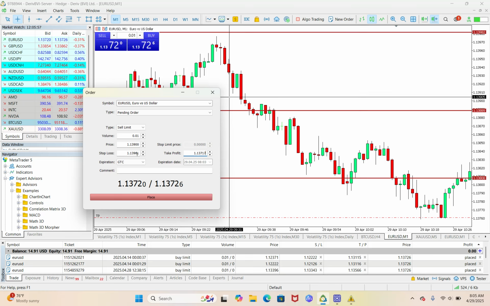We minus it from our entry price, which is 1.13900. The 1.13 cancels out, so you just do 961 minus 900, which leaves us with 61 pips.